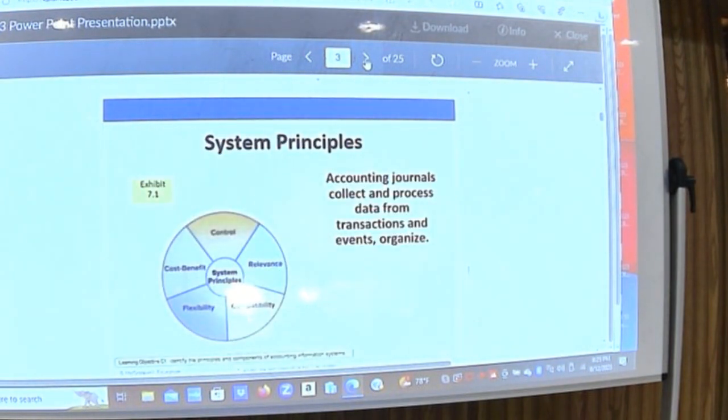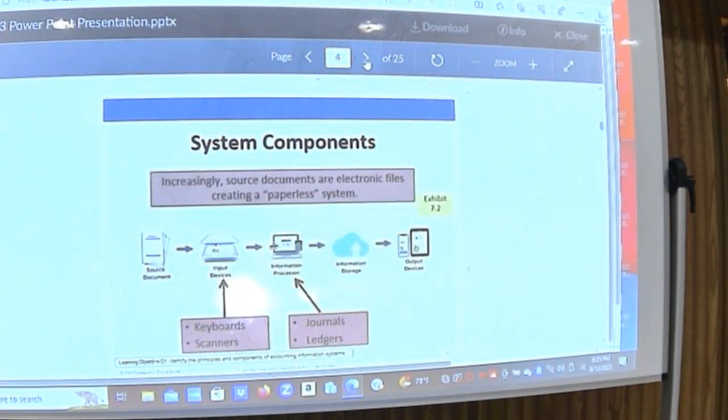System principles: accounting journals collect and process data from transactions and events and organize them. Again, this is where information enters your accounting system. Increasingly, source documents are electronic files, creating a paperless system.